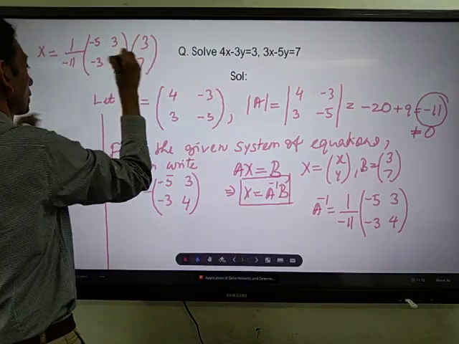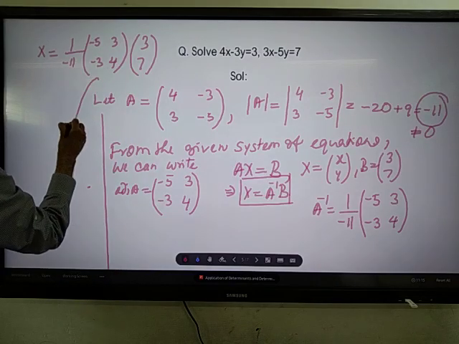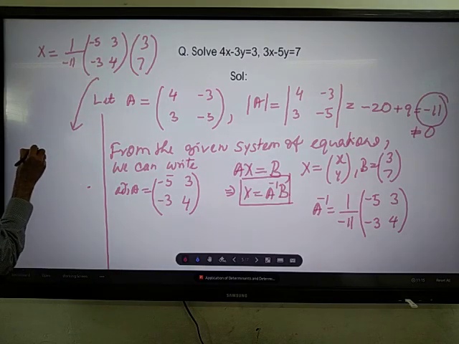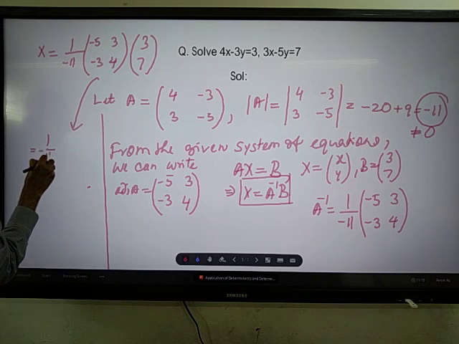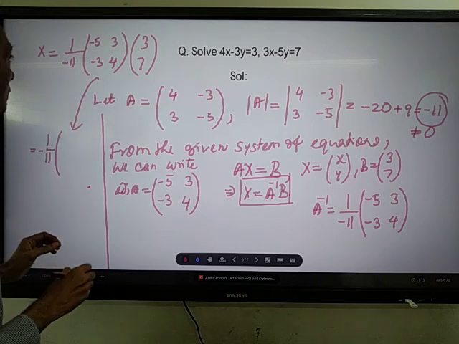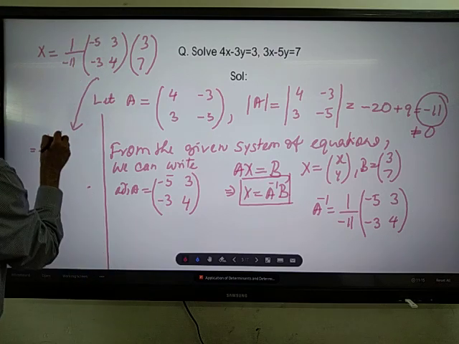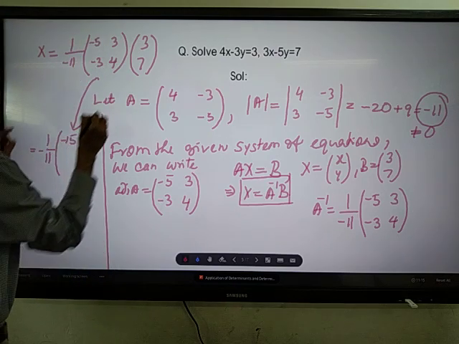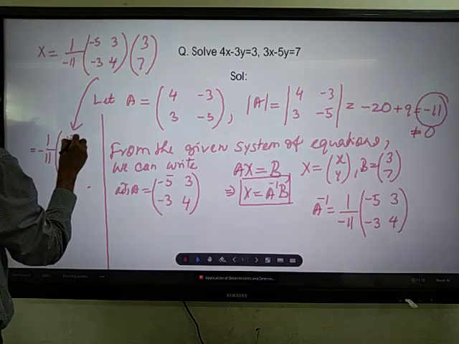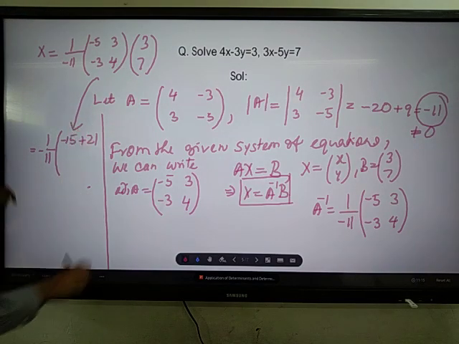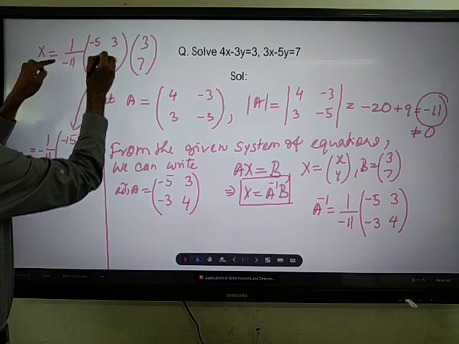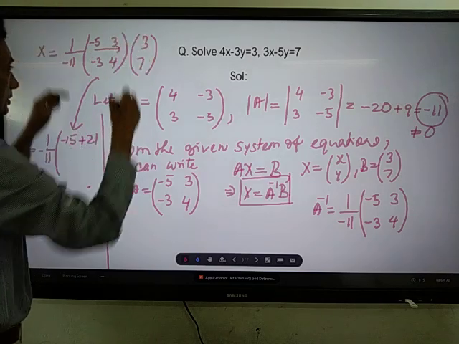Okay, so we'll just multiply. This is equal to minus 1 by 11. Then we'll multiply minus 5 into 3. Minus 5 into 3 is minus 15. Then you need to multiply 3 into 7. 3 into 7 is 21. Right? That is first row and first column.